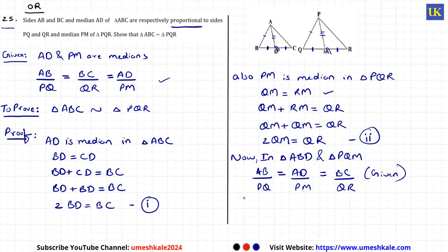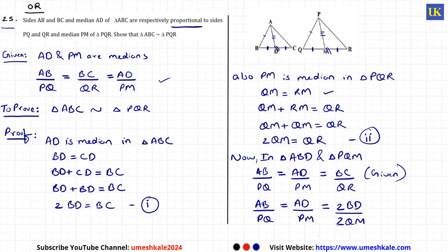So I will write AB upon PQ is equal to AD upon PM is equal to, instead of BC I will write 2BD, and instead of QR I will write 2QM.